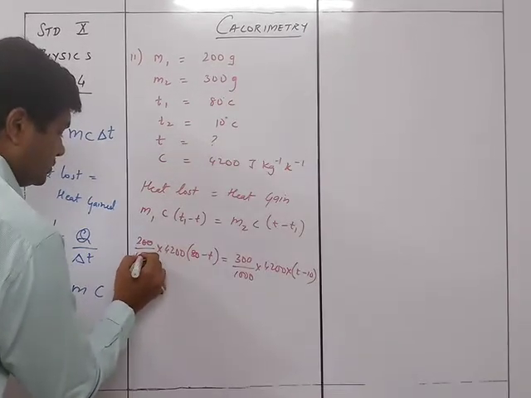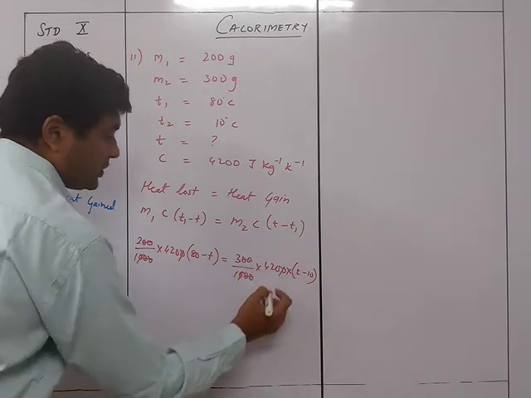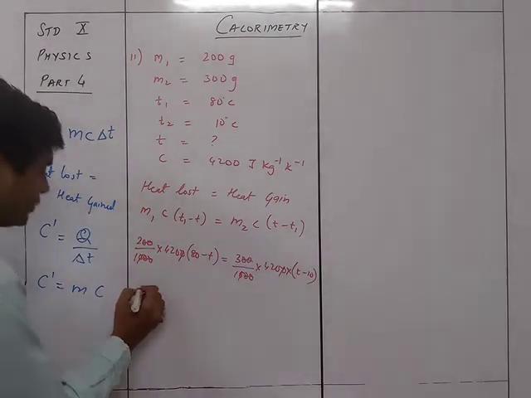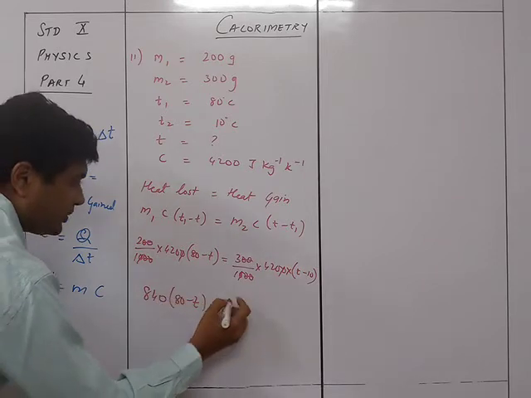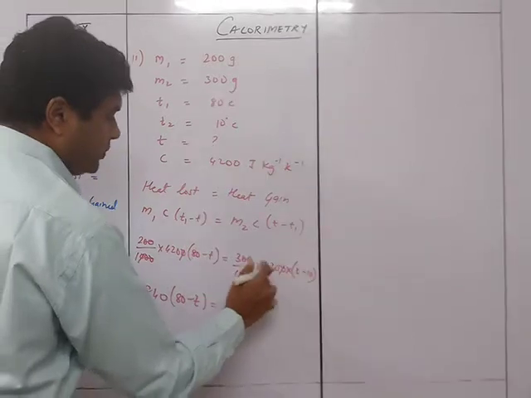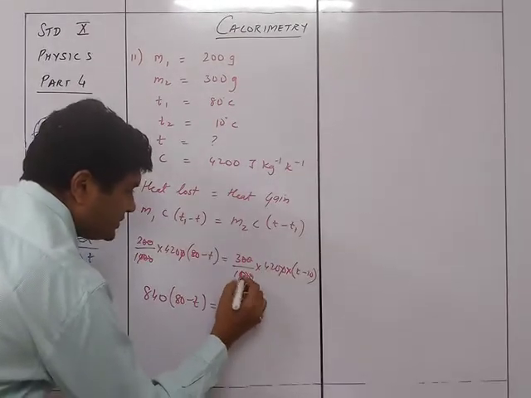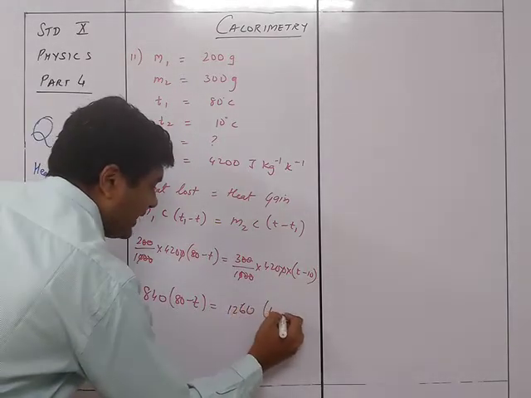So two zeros cut, two zeros cut. So this will give you 840 into 80 minus T is equal to 1260 into T minus 10.